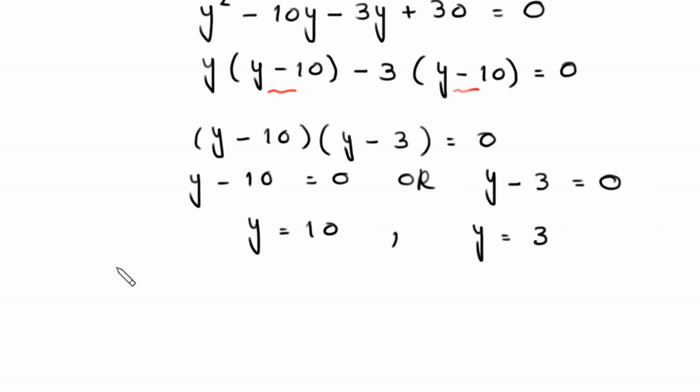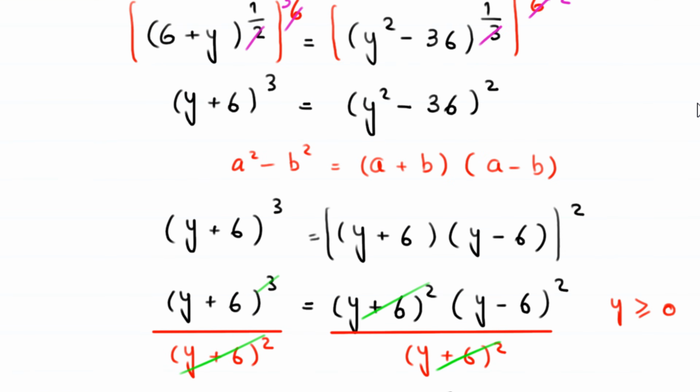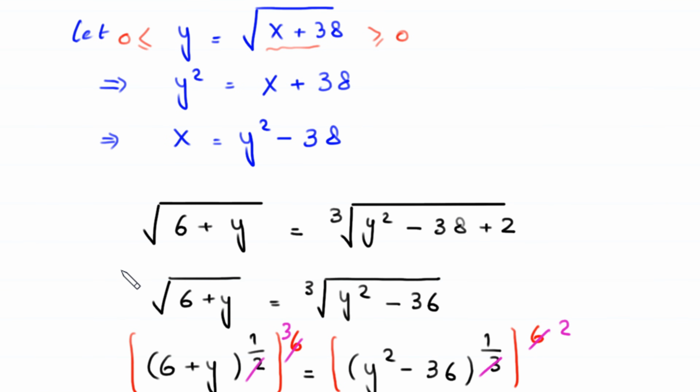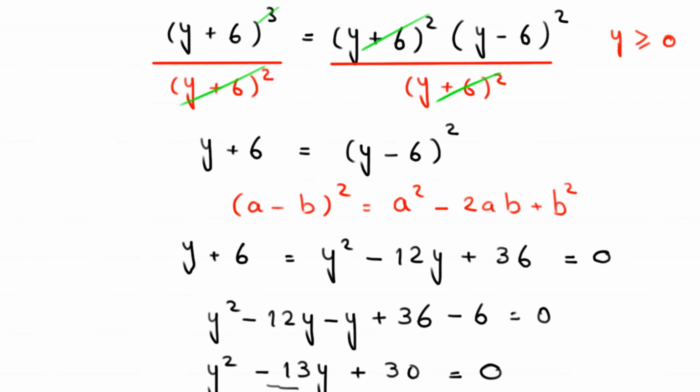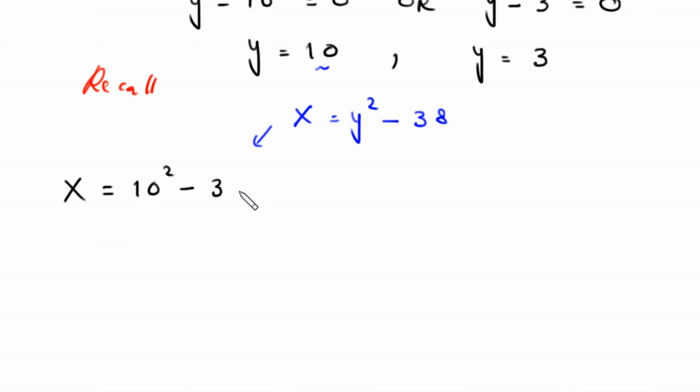Now recall that we have supposed that x is equal to y squared minus 38. So when y is 10, then x is equal to 10 squared minus 38.